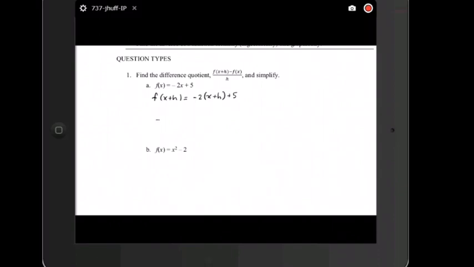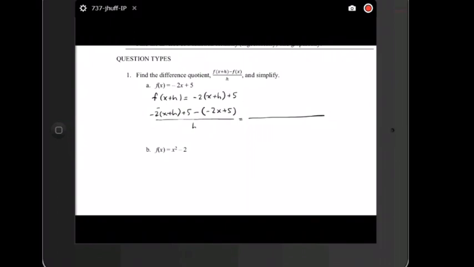So now when we write the difference quotient, h in the denominator, f of x plus h gets replaced with this. So we have -2 times x plus h plus 5. Now I've got to subtract the whole entire function f of x. So I'm going to subtract the original function in a set of parentheses. The original function was -2x plus 5.